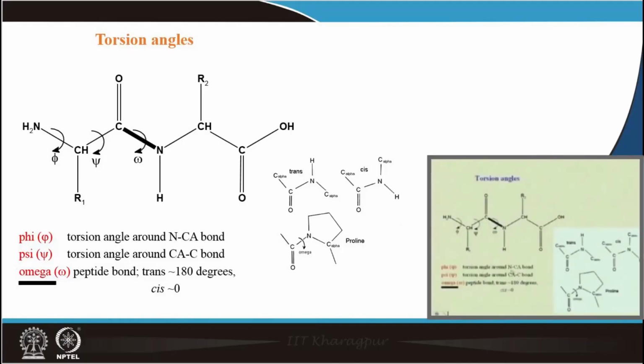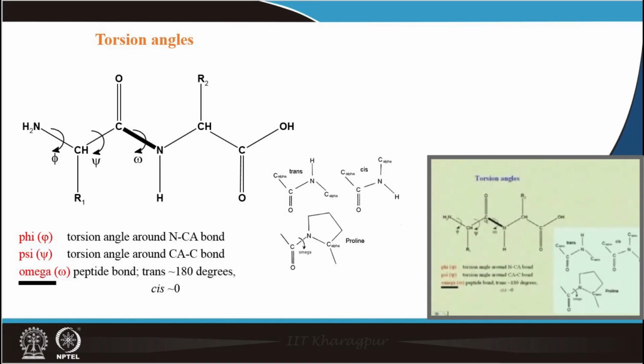Okay? Let's do it again. If I want to define rotation about the N C alpha, you recognize that this is a C alpha. If I want to define the rotation about this N C alpha, I have to go one atom before it and one atom after it. It's just like doing H, O, O, H. Right? What is my definition?